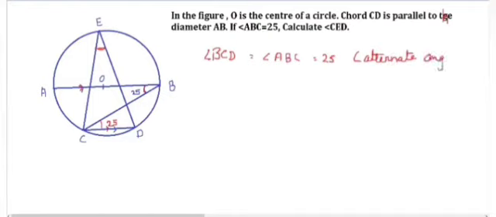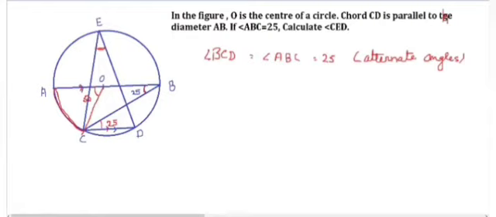Now we come to the next. Here we can see that this is the segment. This is making 25 here, so the same segment will make 50 degrees here. Let us join this. This is your 50 degrees.